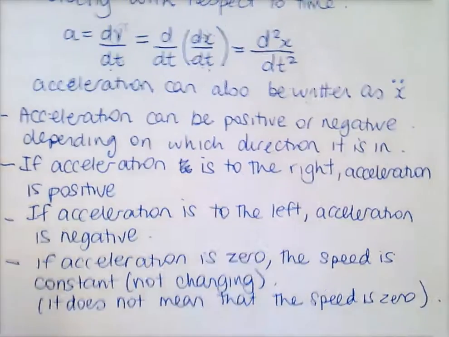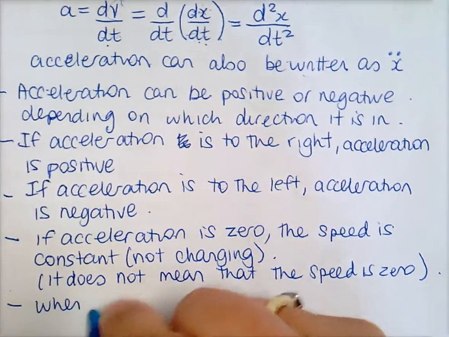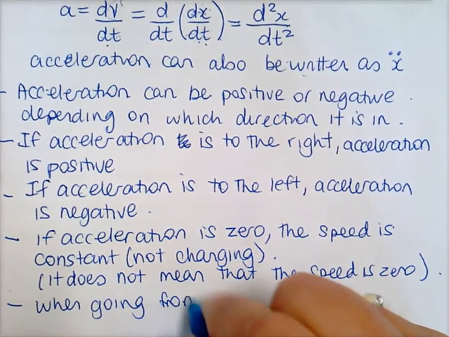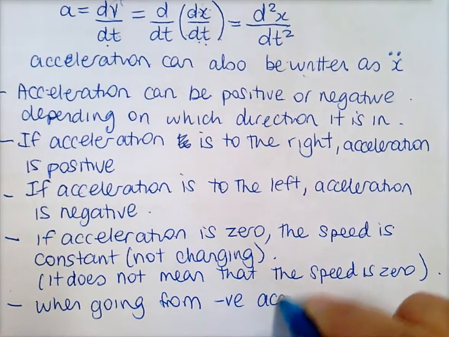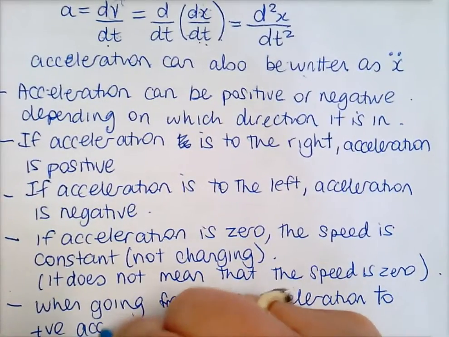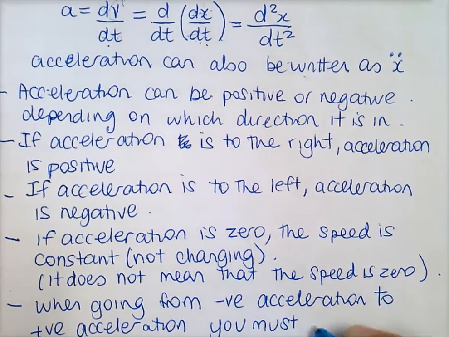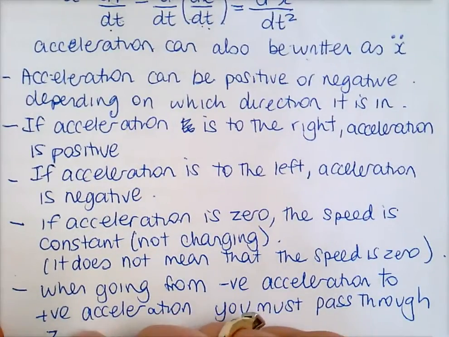And the other thing is, when you go from negative acceleration to positive acceleration or vice versa, you must pass through 0 acceleration at some stage. So the other important thing is, when going from negative acceleration to positive acceleration, you must pass through 0 acceleration.